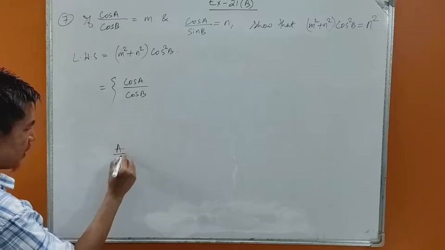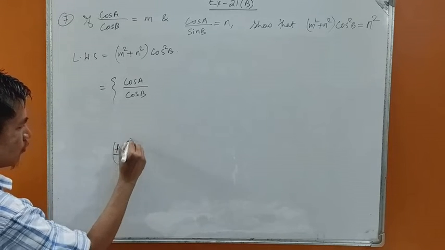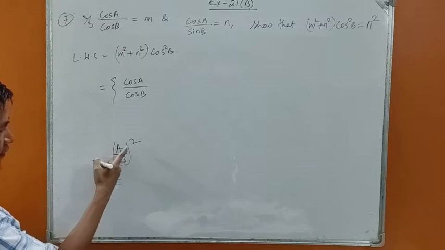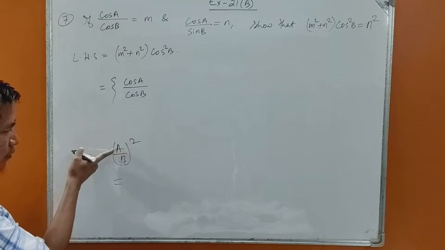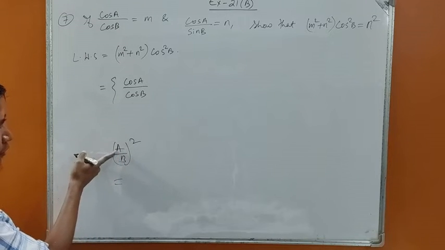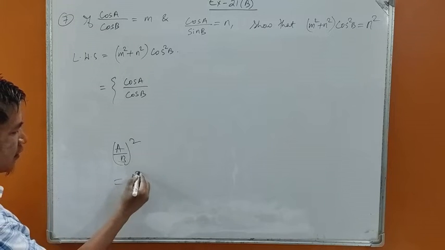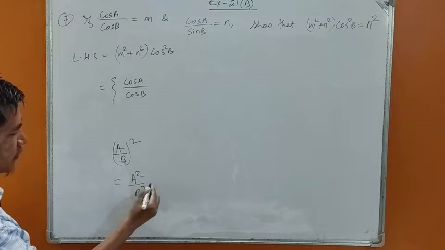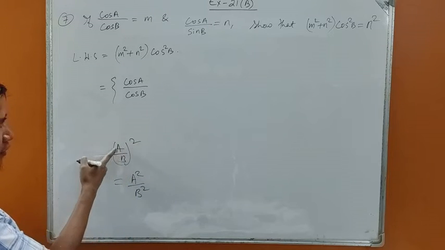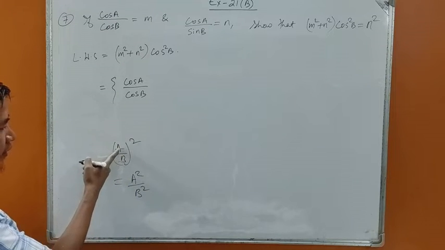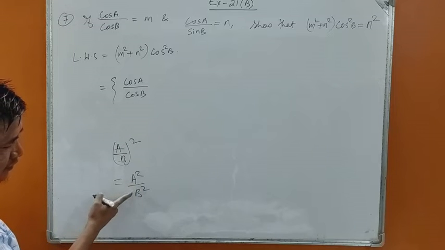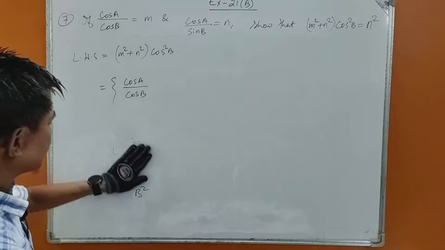If I have a upon b whole squared, I can write this as a square upon b square individually, because this square is for both the numerator and the denominator, that is a and b. So the same thing I'm going to do here.